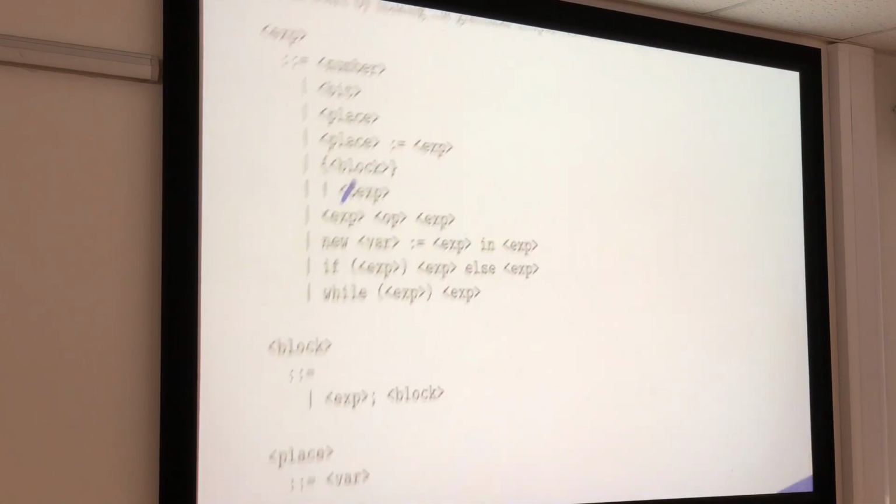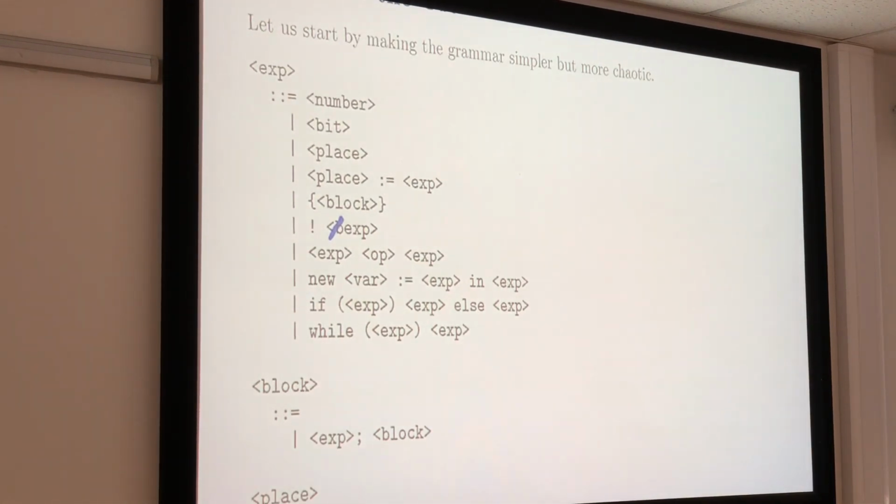What's going to happen is that when we execute a block, a block is 0 or more expressions in a sequence. The idea is that we'll just get whatever the last thing is in the block, we'll compute that. So if the block finishes with an integer expression, we'll get an integer.